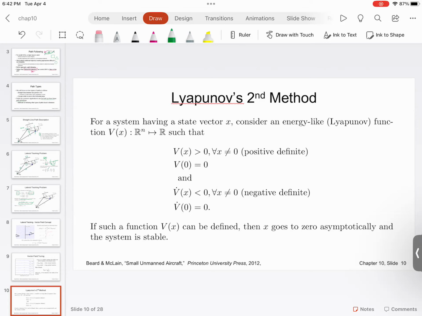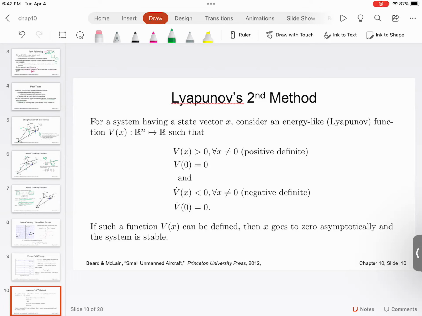So what you can do is formulate the problem in terms of a Lyapunov function, which is an energy-like function, and you stipulate that its derivative be negative definite, which means the rate of change of energy is negative, so the energy drops as time goes on. And then you see the system is stable.